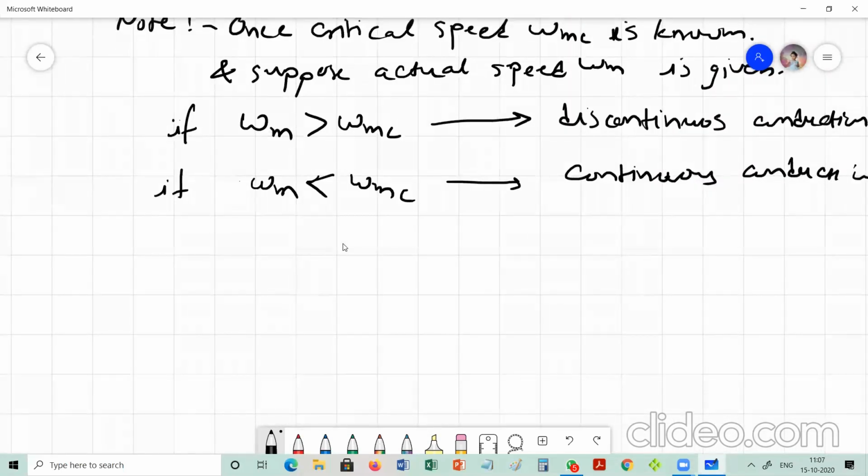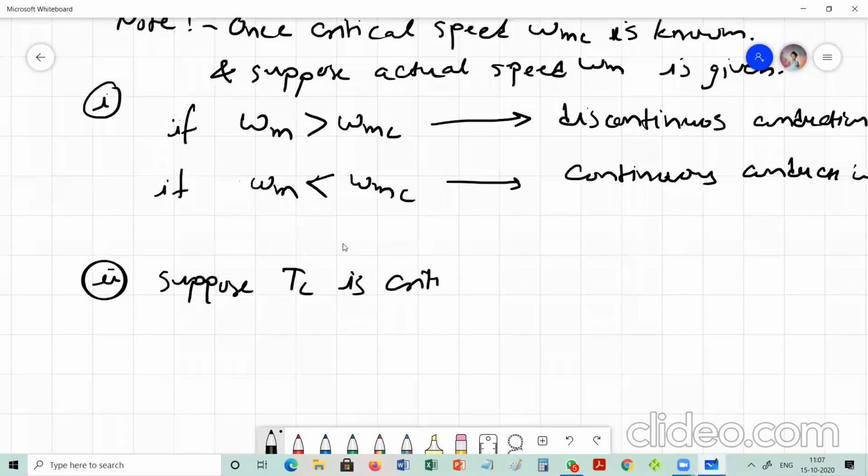Instead of speed, they may give the value of torque. So we have to know this condition in terms of torque also. Suppose TC is critical torque at critical speed omega mc.